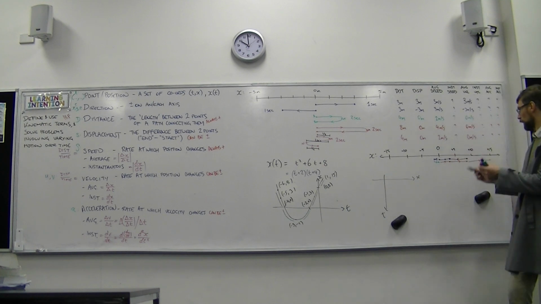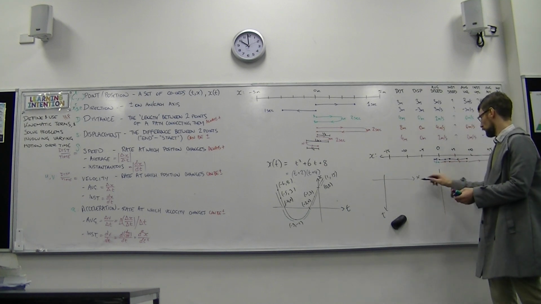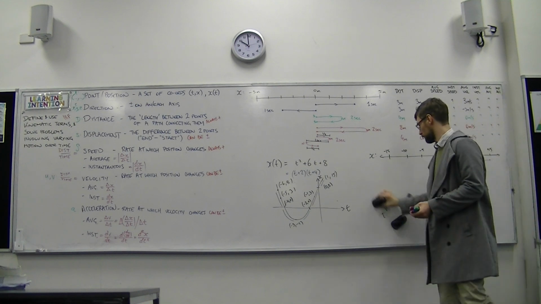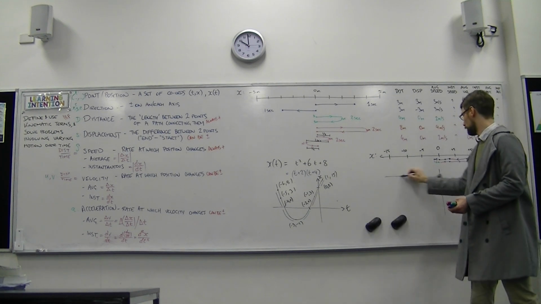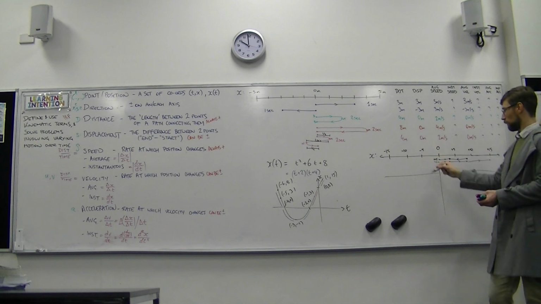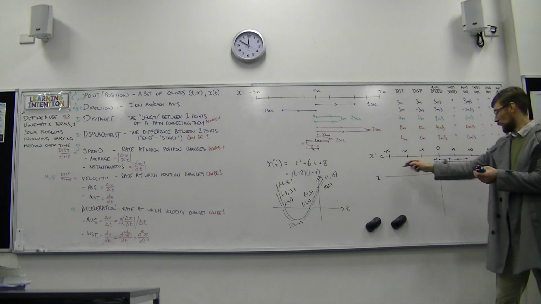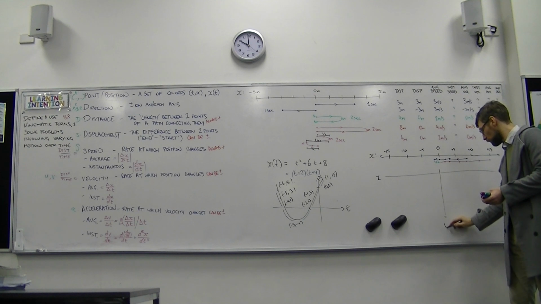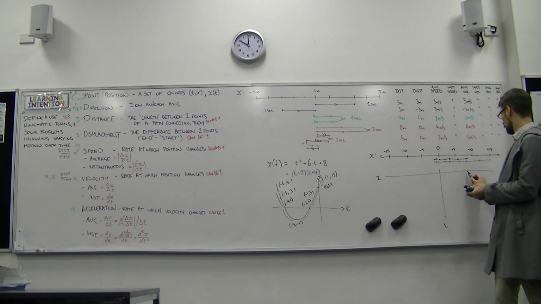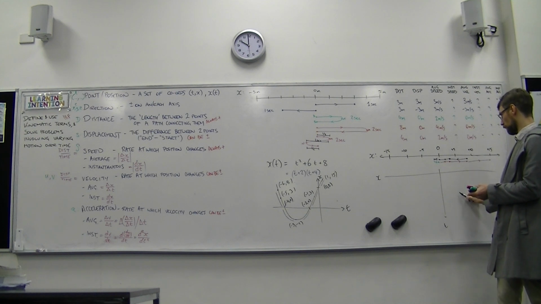Hang on, I'll draw it on this. So that's the same axis on here, so that's now x. Where this is negative, that's positive. This is now a positive time, except this is time 0, 0.